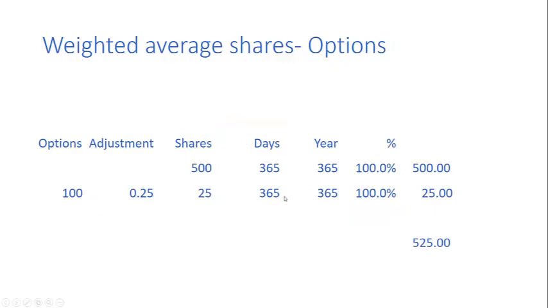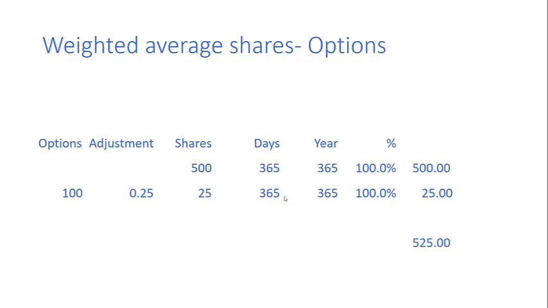So to calculate the weighted average number of shares on issue, we have 500 shares normally for 365 days, 500. We have 100 options. The adjustment factor is 0.25, so what we're saying is that the options represent the issue of 25 shares which aren't paid for. So that gives us a weighted average number of shares of 525 shares.